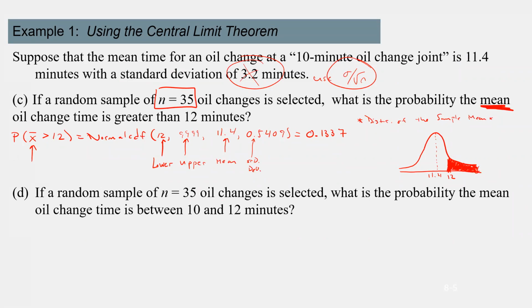All right, so let's do this next one here. If a random sample of n equals 35 oil changes is selected, what is the probability the mean oil change is between 10 and 12 minutes? So it's the probability the mean is between 10 and 12.